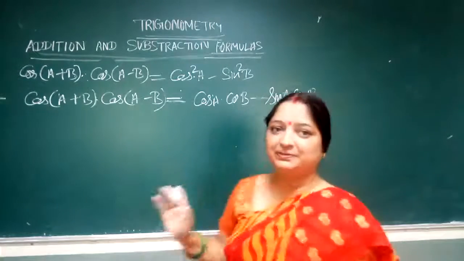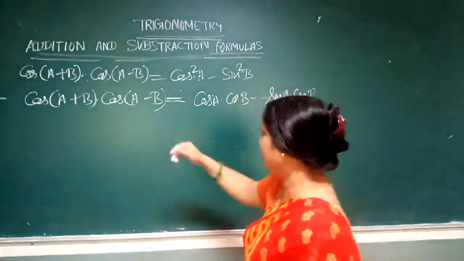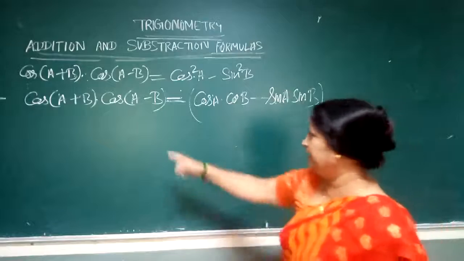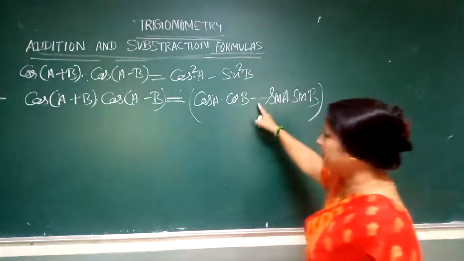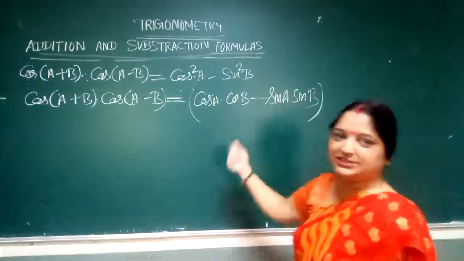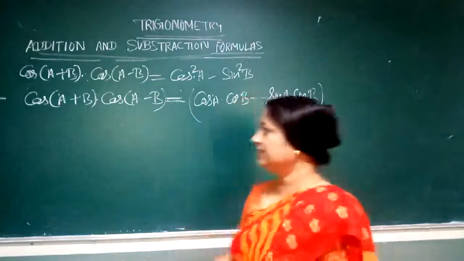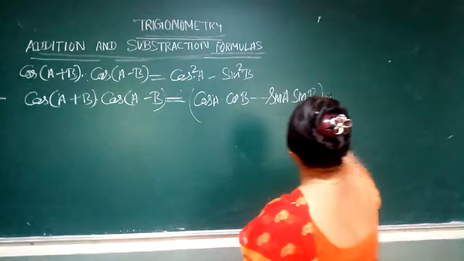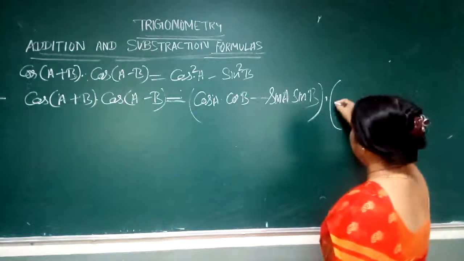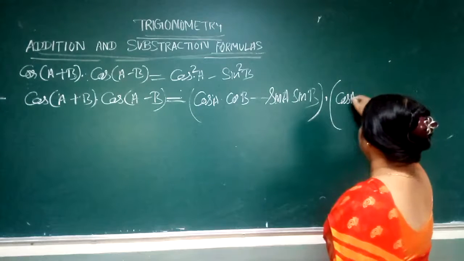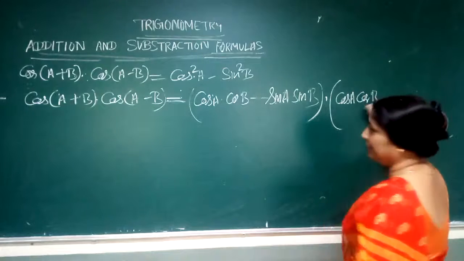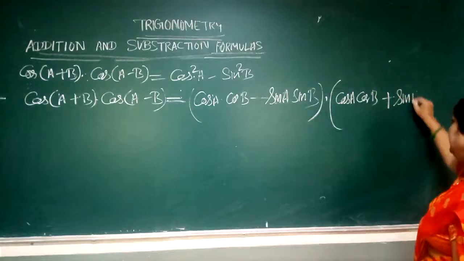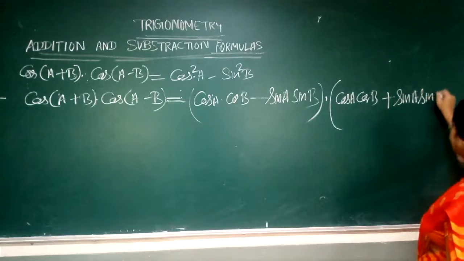This is the memory tip on how you will learn this formula: cos a into cos b minus sin a into sin b. Here plus is coming, so the sign will change, because cos is dangerous, so it will change the sign. Now the next one is cos of a minus b. So what will come here? It will come cos a cos b, it will come along and it will change the sign: plus sin a sin b.